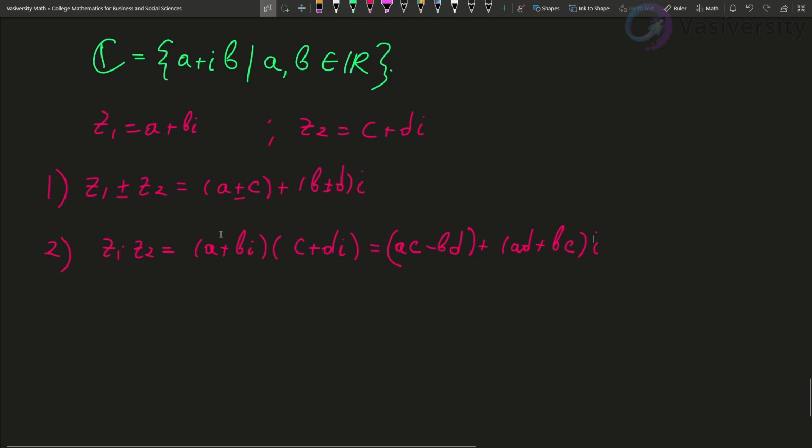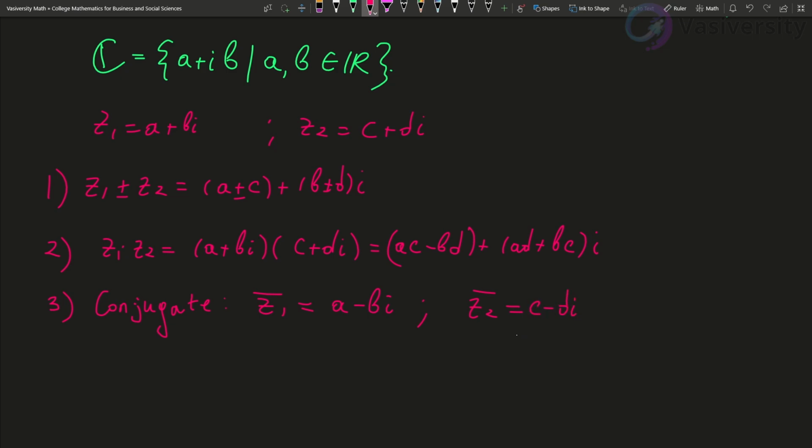Okay, and rule number 3 is that we can have a conjugate. It's essentially similar to what we have in fractions, but a conjugate: z1 with the hat is going to be a minus bi, and z2 with the hat is going to be c minus di.